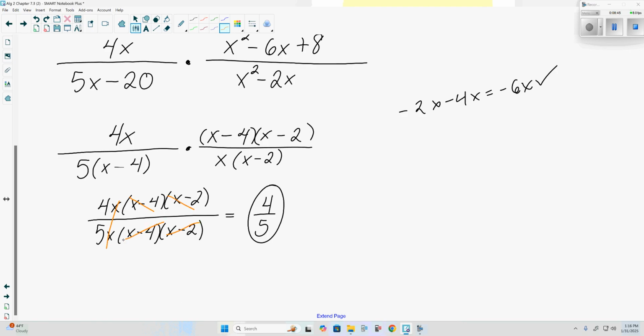And really everything, again, simplifies out, leaving us with 4/5. As hard as factoring can get. Because again, just like with multiplication, I think we're seeing that the key to doing this is less about the multiplication or division and more into, we get it set up, factor, simplify.